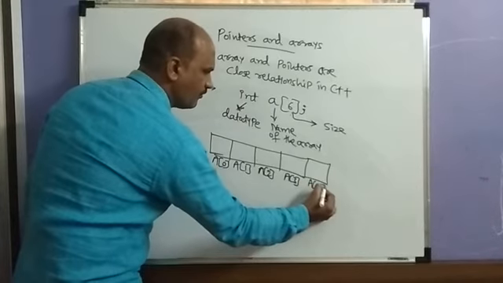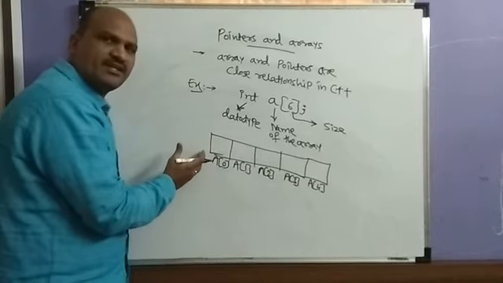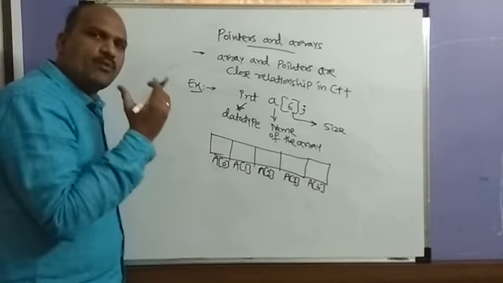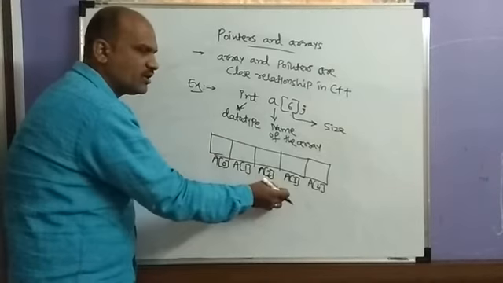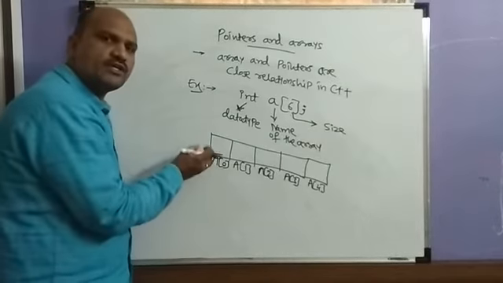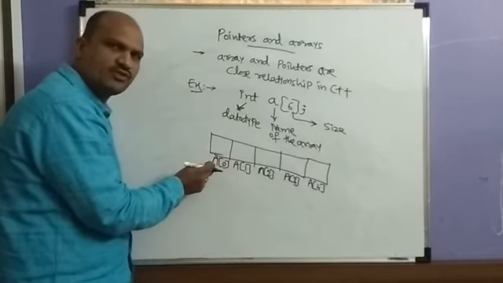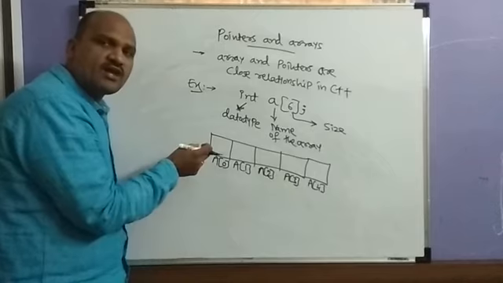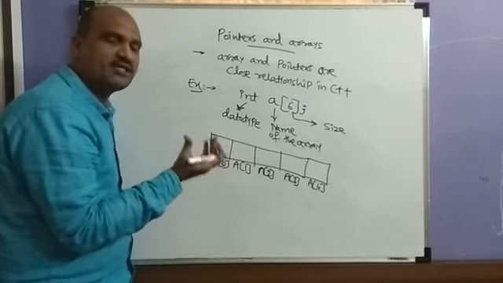a of 4. So when you write this array declaration, going for a of 0, a of 1, a of 2, a of 3, a of 4, each address can be explicitly obtained by the pointer.